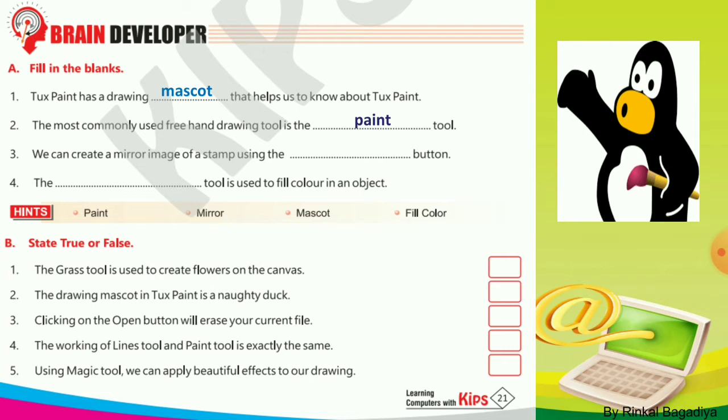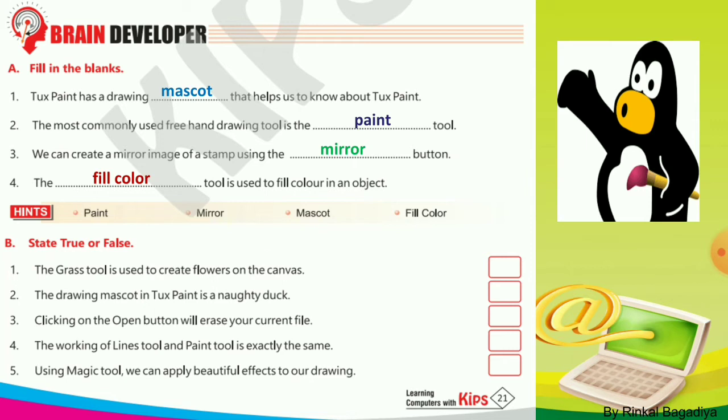To create a mirror image, which button will we use? Yes, mirror button. So write in the third blank mirror, M-I-R-R-O-R, mirror. Number 4. The dash tool is used to fill color in an object. Which tool is used to fill color? Yes, fill color tool. So write in the fourth blank fill color.